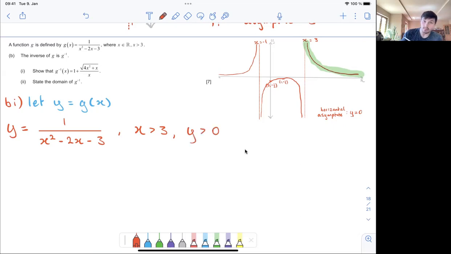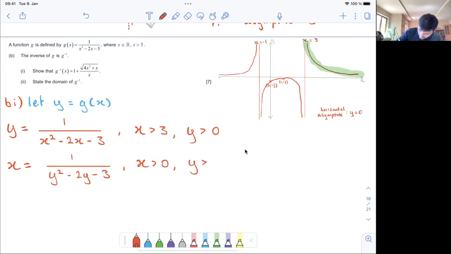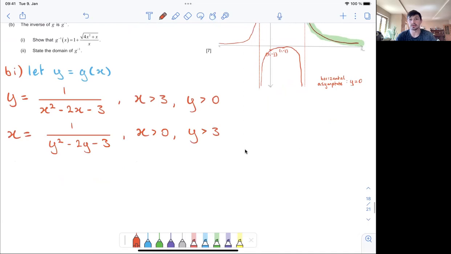Now we swap our x and y's, and we get x is equal to 1 over y squared minus 2y minus 3. The domain and range have now changed, so this is for x greater than 0 and y greater than 3. Now we go about rearranging this equation for y.